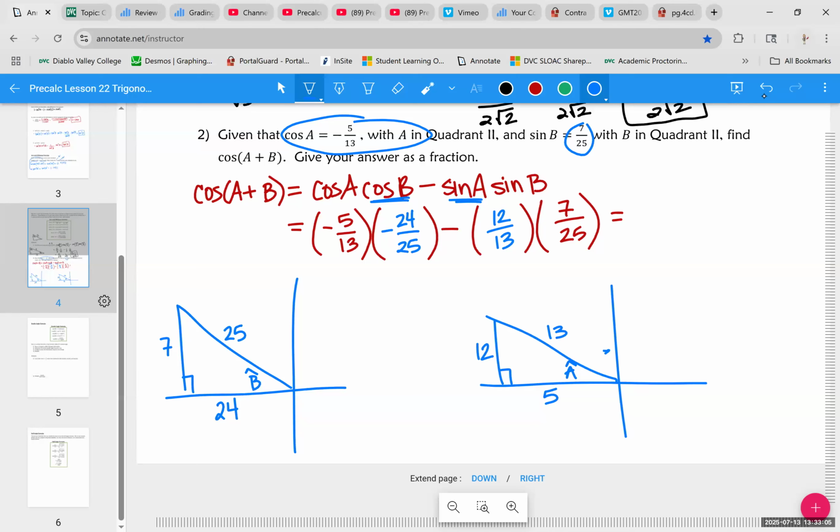And now it's just a matter of multiplying those things together. 5 times 24 gives me 120 over 325 minus 84 over 325, which is 36 over 325. So now I have my exact value of the cosine of A plus B.